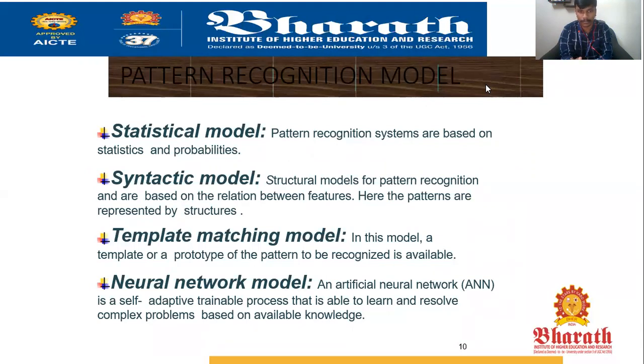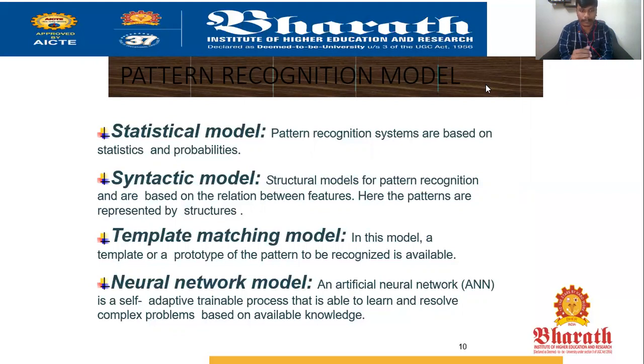The statistical model is a pattern recognition system based on statistics and probability. The syntactic model is a structural model for pattern recognition, composed according to its structure, and based on the relation between the features of the structure, it produces the patterns represented by the structure. That is known as the syntactic model.